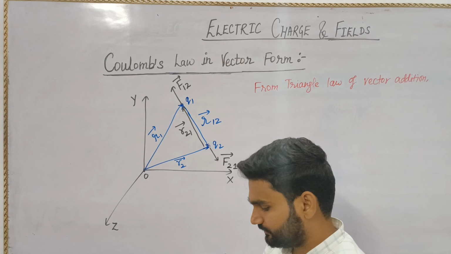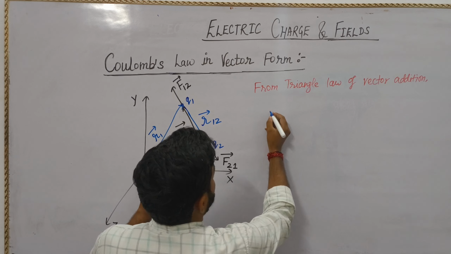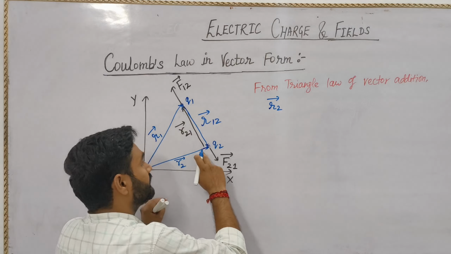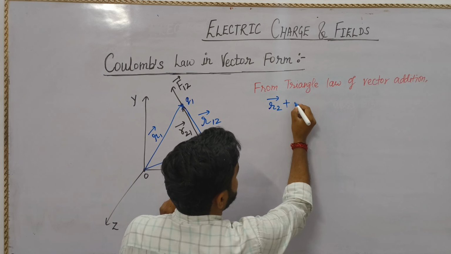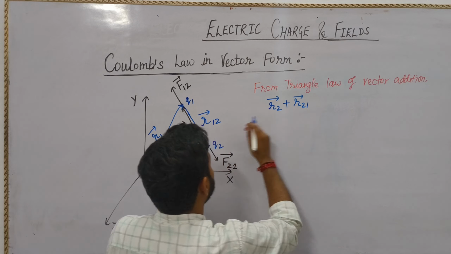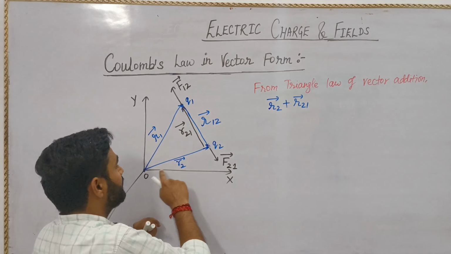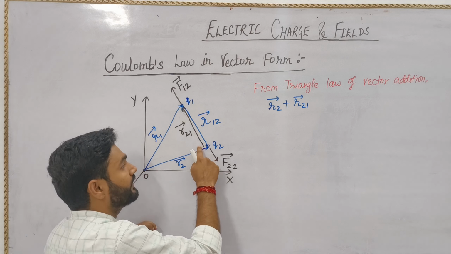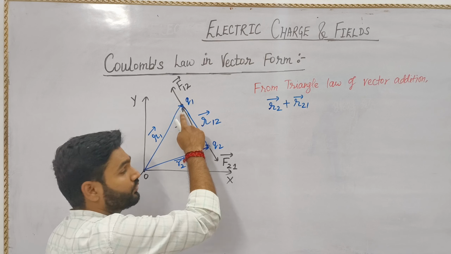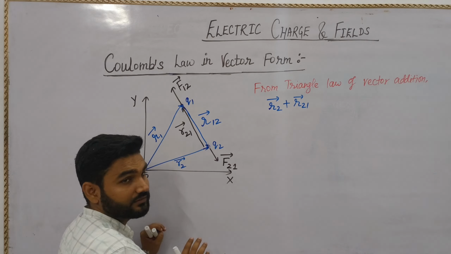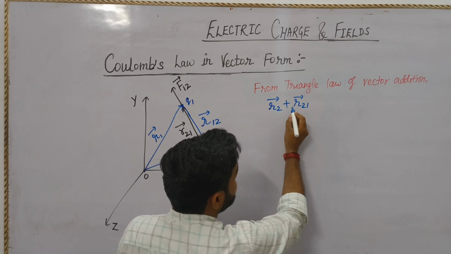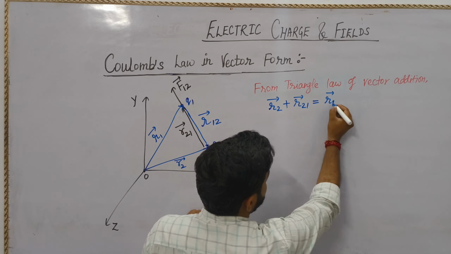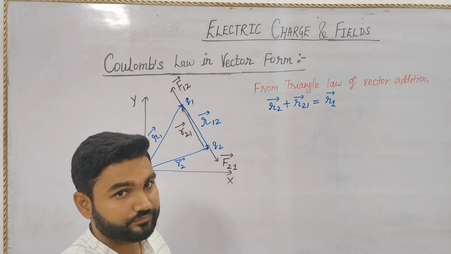We can write R2 vector in the direction of R21 vector, because this is the tail and this is the head joined to the tail of another vector, so this will be in the same direction. So R2 vector plus R21 vector is equal to R1 vector.